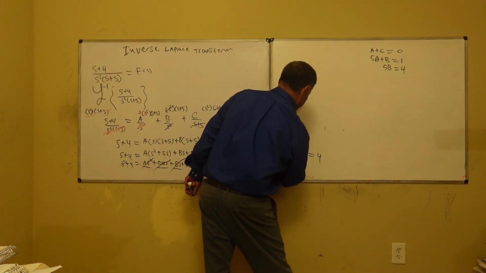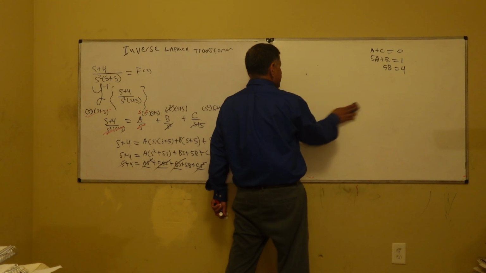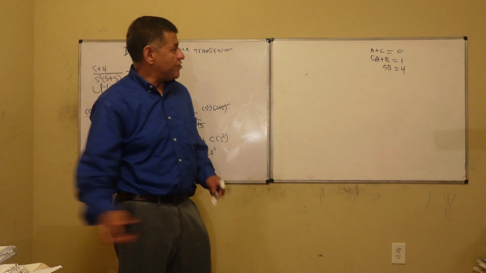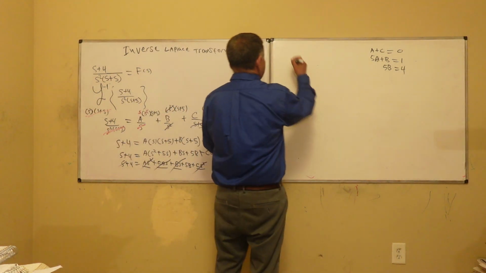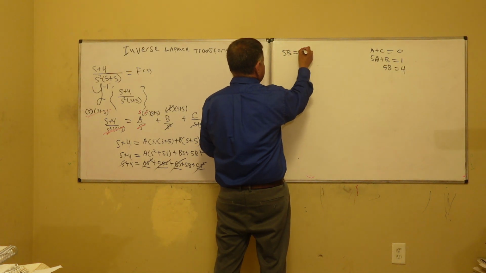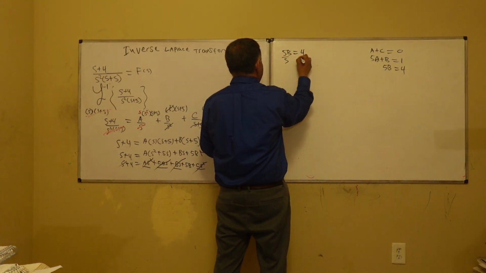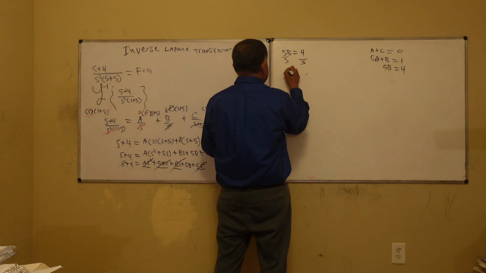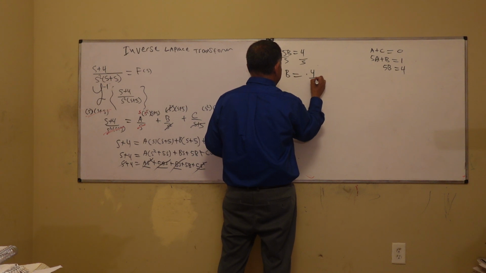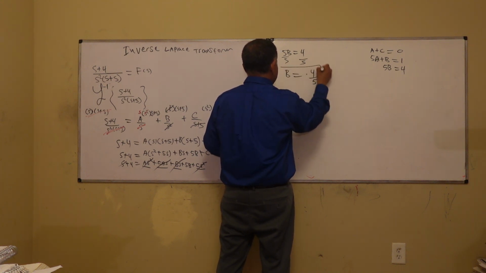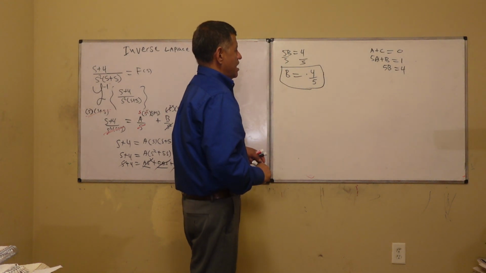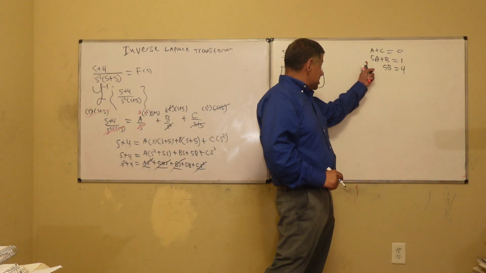Okay, so first of all, let me solve for b first, right? So I got 5b is equal to 4, right? Divided by 5 on both sides, and I get that b is equal to 4/5. All right. So now that is one of them. Now in this equation, right?